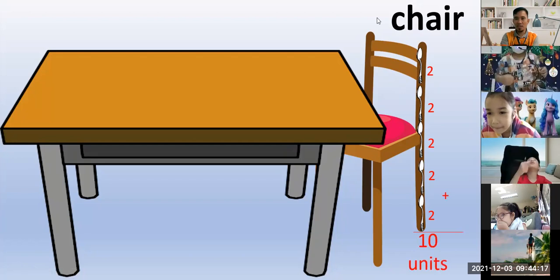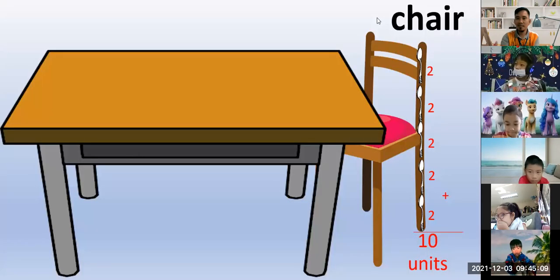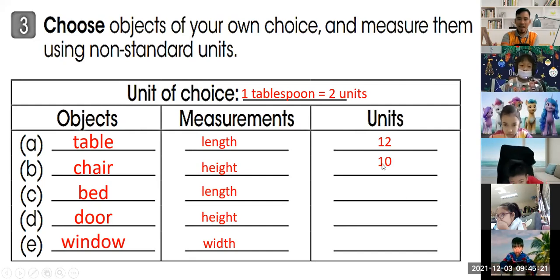So teacher Gwapo's chair is equal to 10 units. So I will write here number 10. But for Satang, we will write here 8 only, because he measured his chair as 8 units.